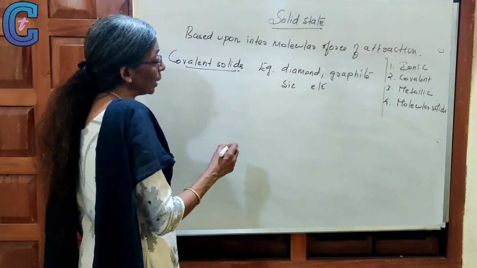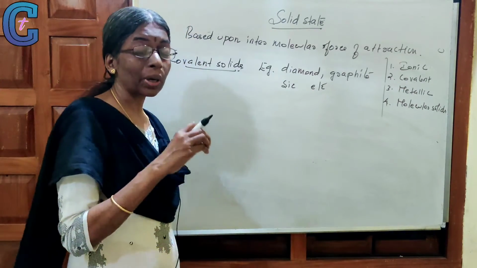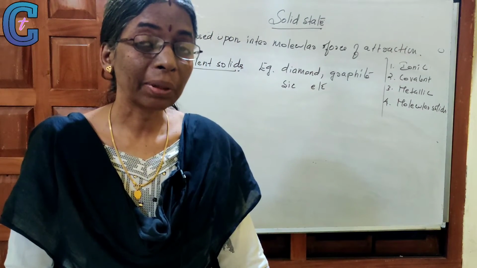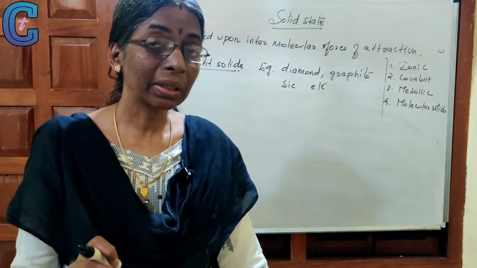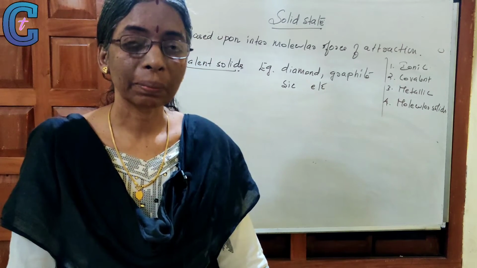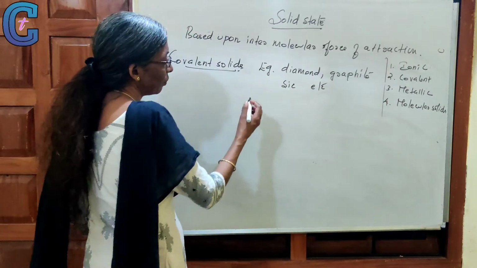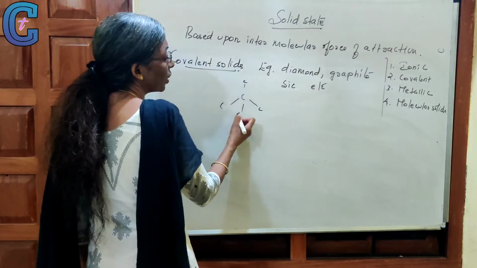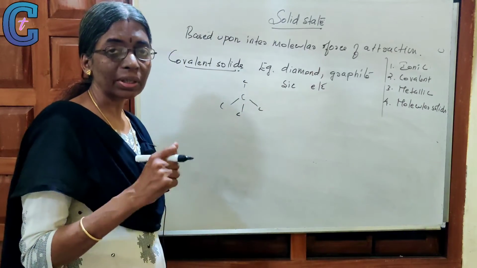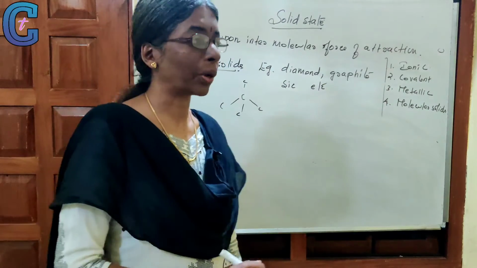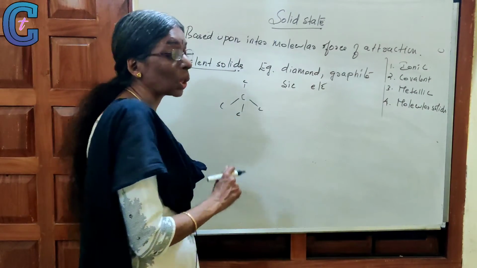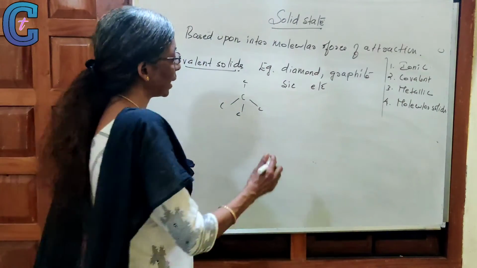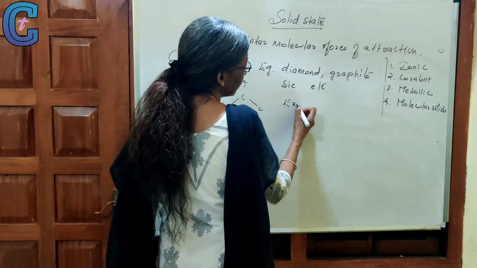Normally covalent solids, when compared to ionic solids, have lower melting and boiling points. But in diamond they have high melting and boiling points, because each carbon atom is tetrahedrally connected to 4 others, so they are very strong. Covalent solids normally do not conduct electricity, except graphite.